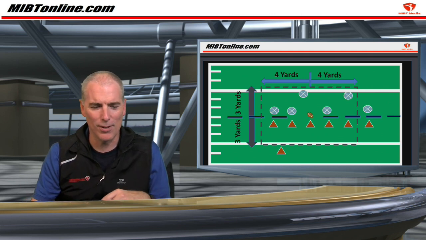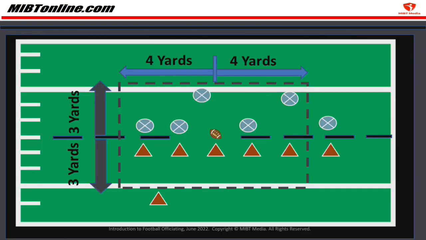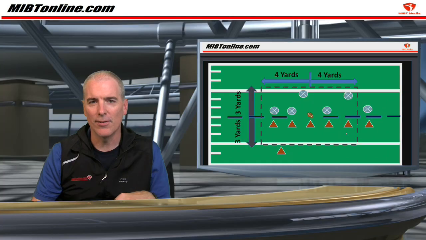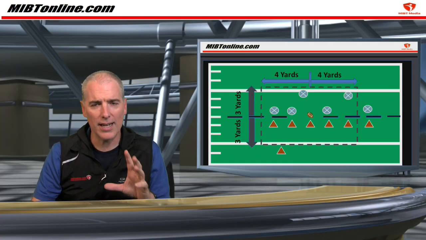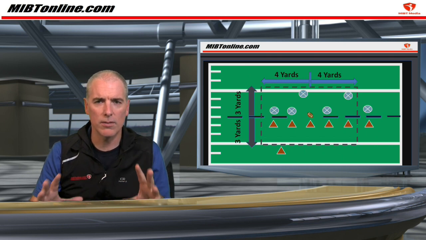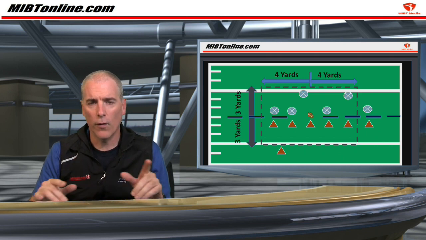If you look at the total yardage, so don't say, hey Tim, that's a 6-yarder. I know it's messed up, but it's still going to show us exactly what we need for our free blocking zone. 3 yards on one side of the ball, 3 yards on the other side of the ball, 4 yards laterally, left and right here. So just know that. I know there's 1, 2, 3, 4, 5, 6. Don't worry about that. That was something I noticed later. I gave him an extra yard. But for the free blocking zone, this is exactly how it's supposed to be: 3 and 3, 4 and 4.